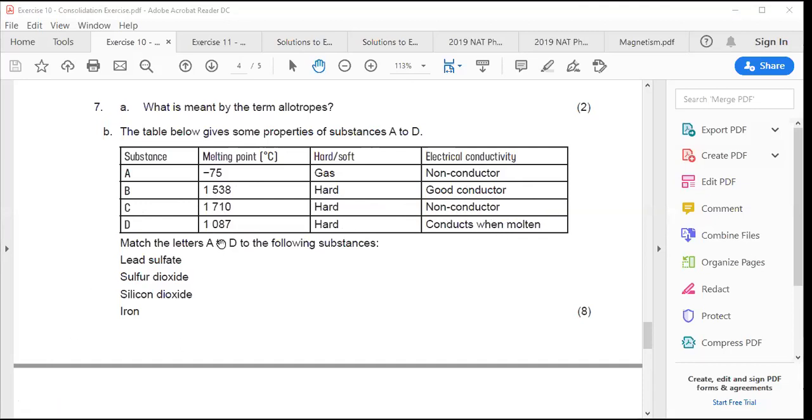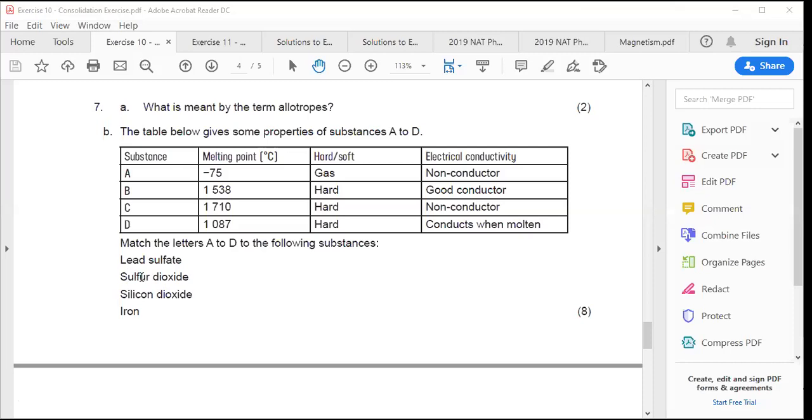So match the letters A to D to the following substances. We start here, we've got lead sulfate, lead and sulfate. Lead is a metal and sulfate is made of ions here. So this is an ionic compound. Then you've got sulfur dioxide.